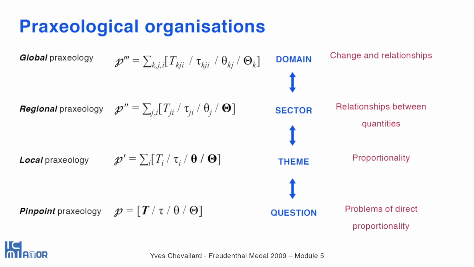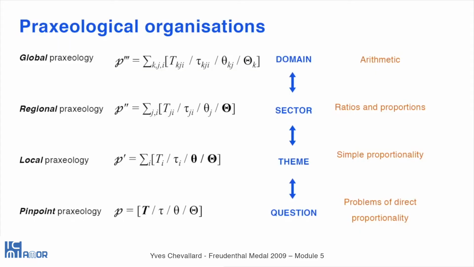If we go upwards, we get a domain made of interrelated sectors and theories. In the case of proportionality, we can think of the sector of relationships between quantities, for example, and the domain of change and relationships, just to take some modern labels used today to delimit mathematical curriculum strands.